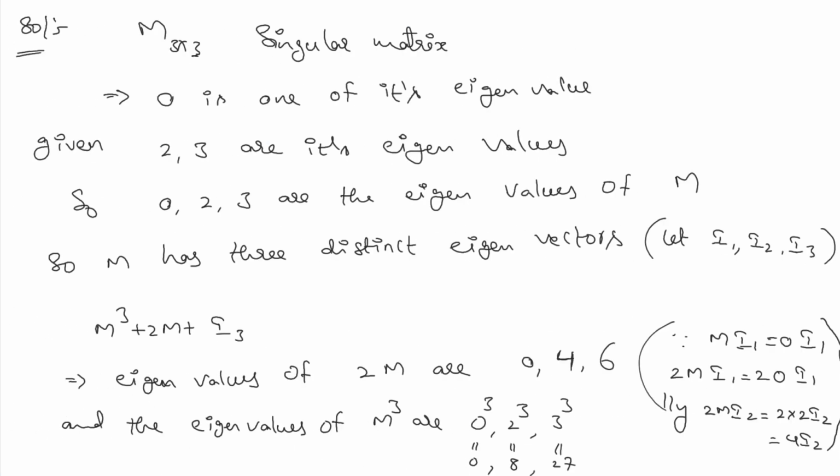And finally, the eigenvalues of I3 are 1, 1, 1. So we have the eigenvalues of each matrix in this expression separately.